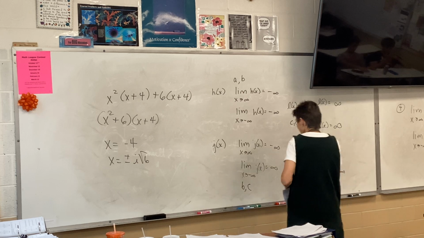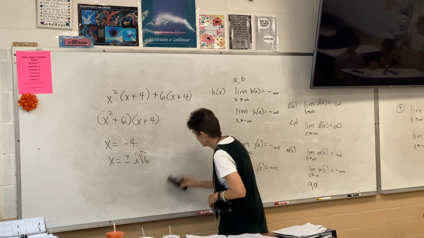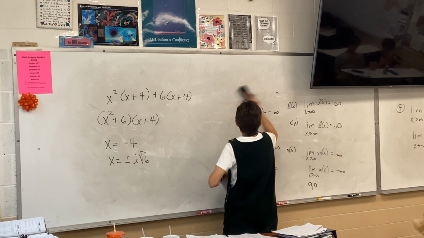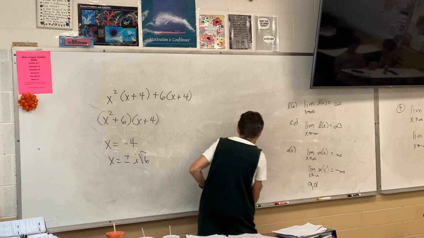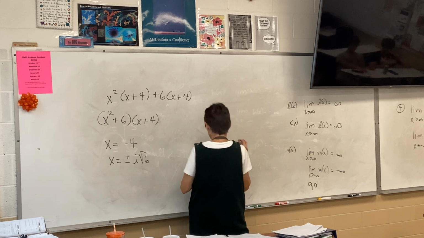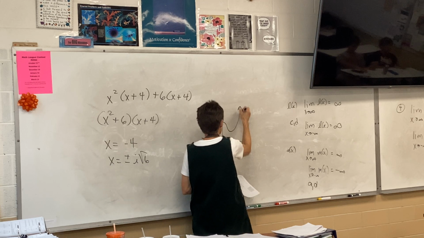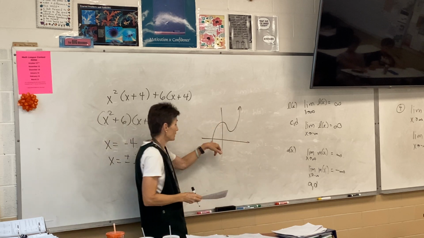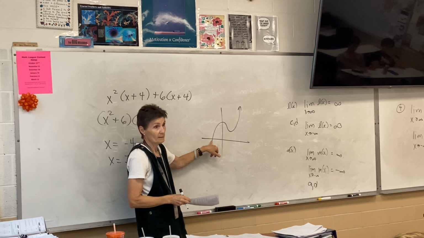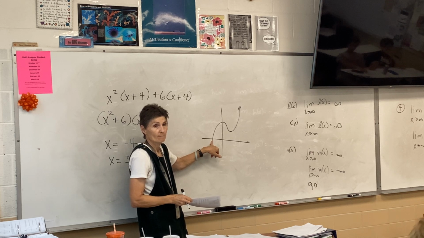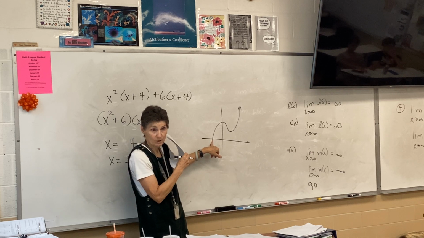It can still have a squiggly in it, but it's gonna look, yeah, maybe something like this. It only crosses one place. Because the other two roots are imaginary.